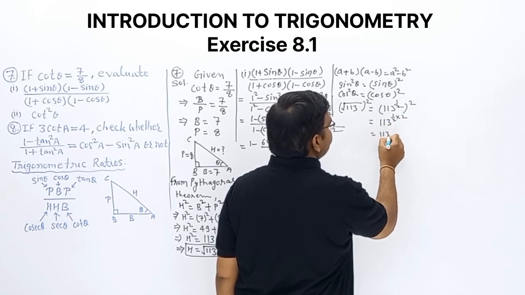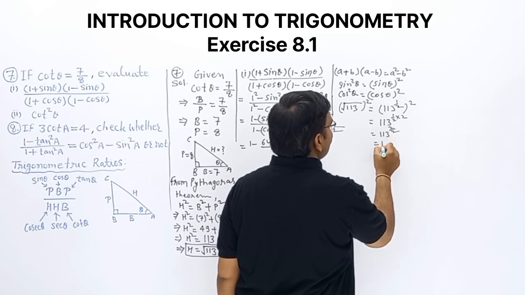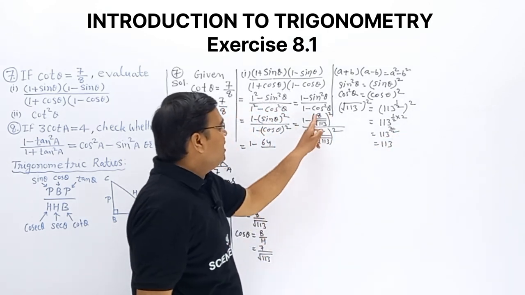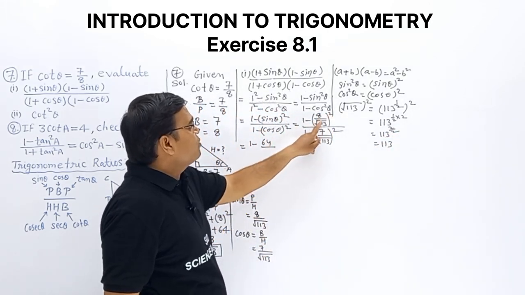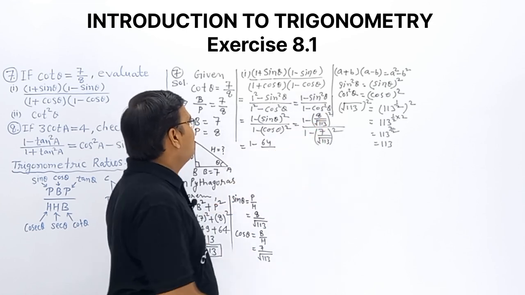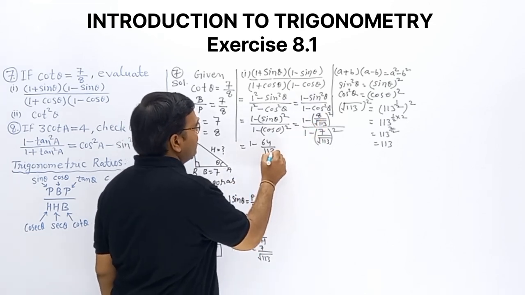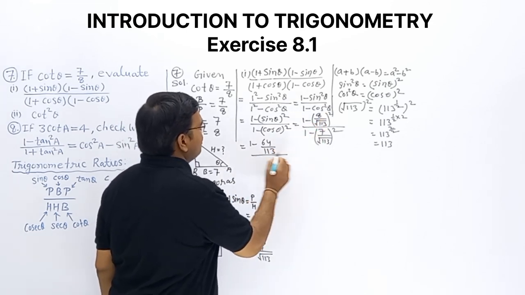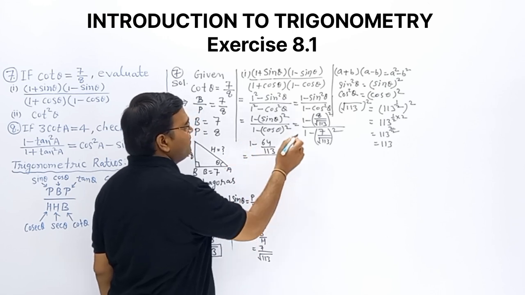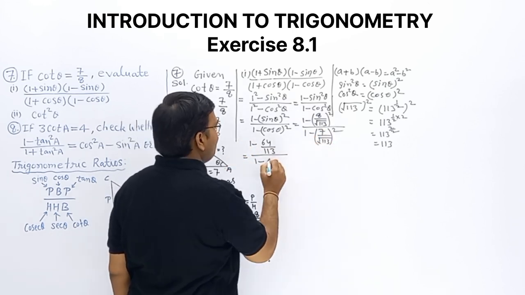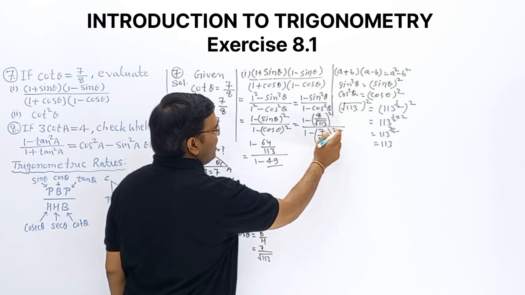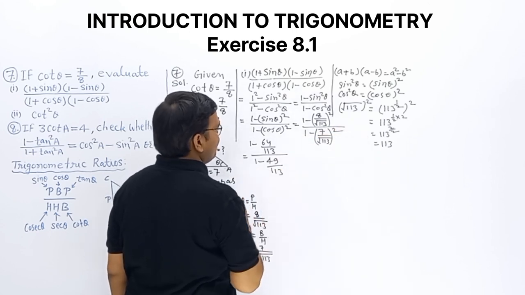So this is 113 power 2 upon 2, or this is 113. So 8 square is 64, and square root of 113 square will be 113. Now in the denominator we have 1 minus 7 square, which is 49, and its square is the same, 113.